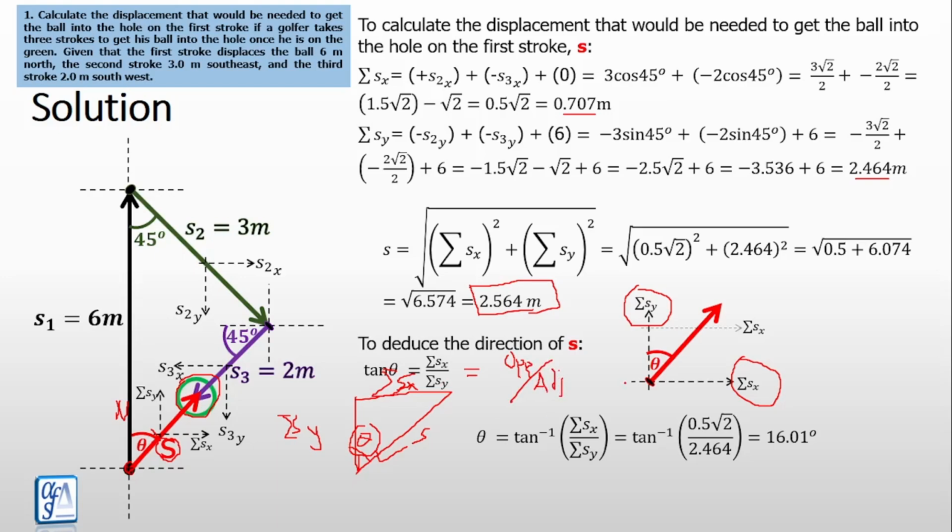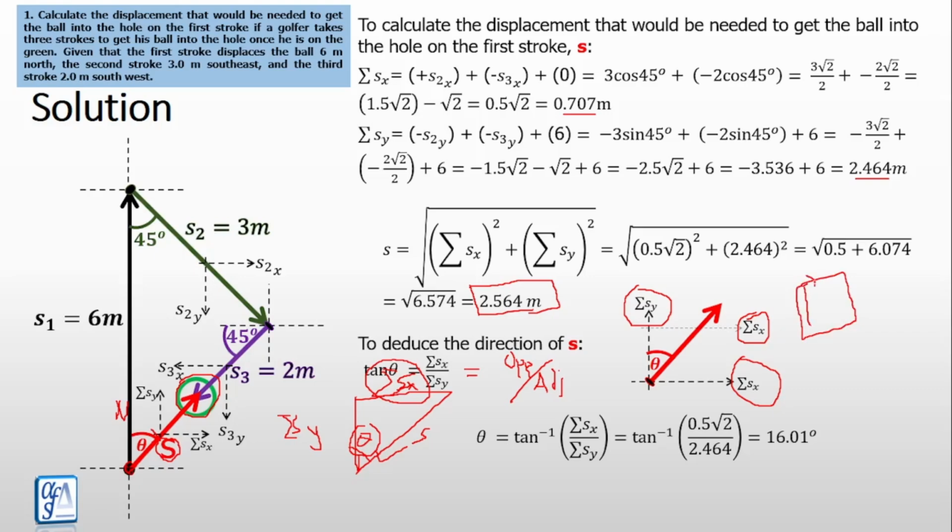Okay? And here, if this is the angle, the opposite is the side opposite this angle, which is the summation of s of x. Okay? Because this one and this one are parallel to one another, and they're equal based on the fact that opposite sides in a parallelogram, in a square like this, are equal.